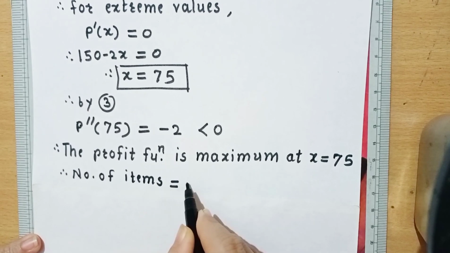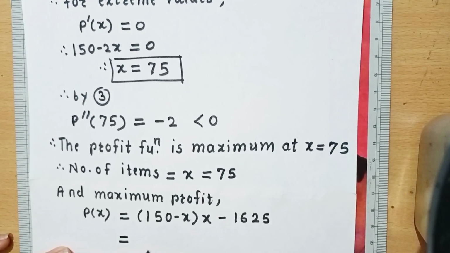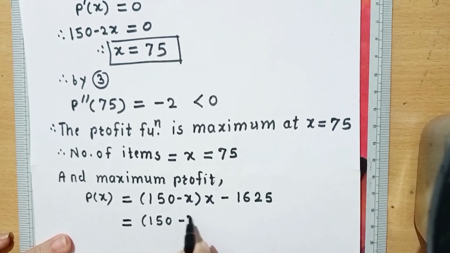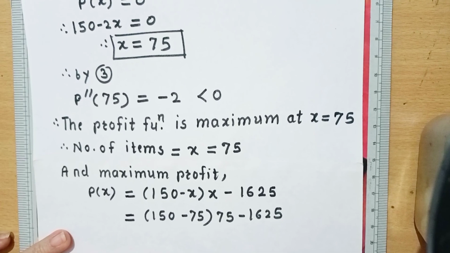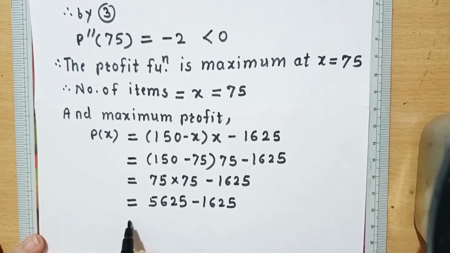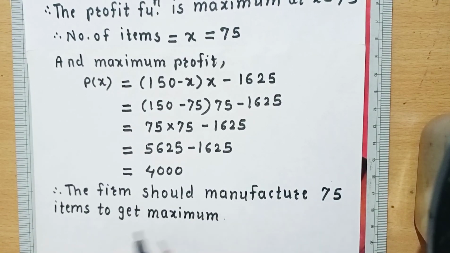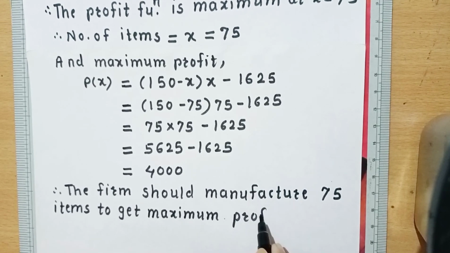Therefore, the number of items x is equal to 75 and the maximum profit: now substitute here the value of x. So 150 minus 75, here also 75 minus 1625, and on simplifying this, the final answer is 4000. And therefore the firm should manufacture 75 items to get maximum profit 4000.